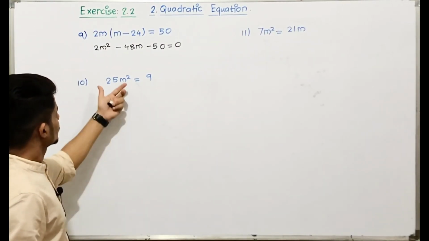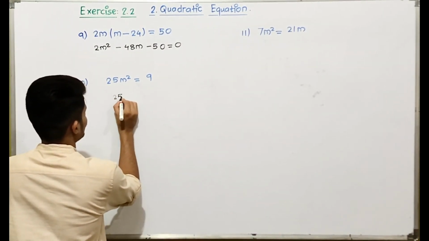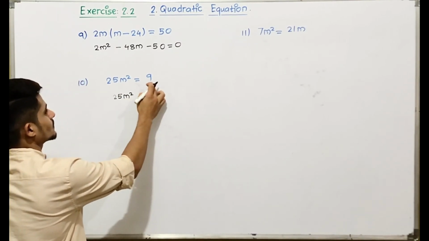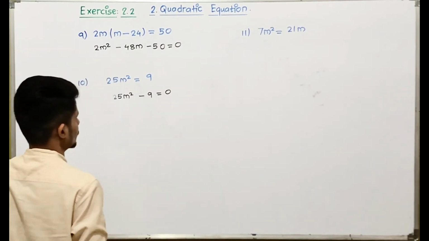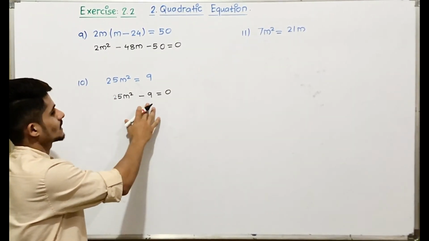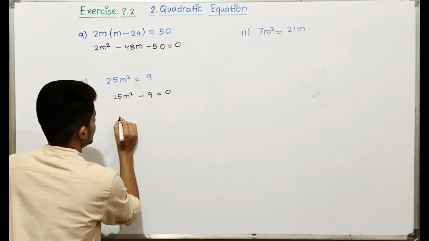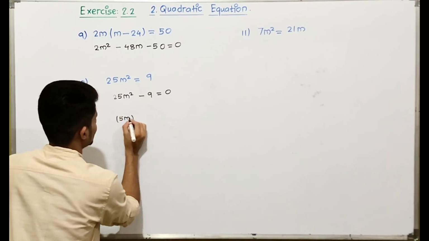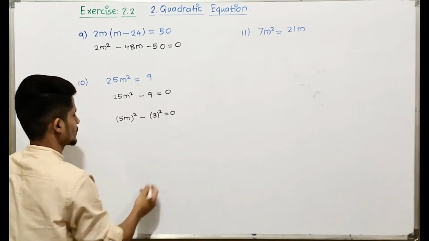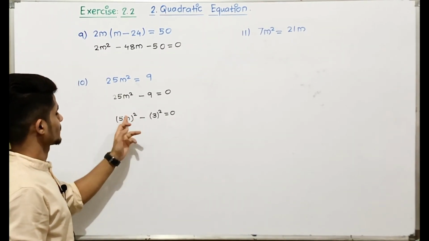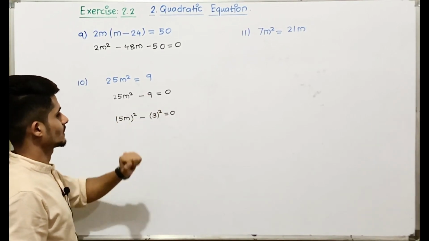Question number 10 is 25m square is equal to 9. 25m square, this plus 9 comes here, minus 9 is equal to 0. Now we'll write this in the form of a square minus b square, that is (5m) whole square minus (3) whole square is equal to 0. 5m square, that is 5 square is 25, m square is m square, minus 3 square is 9.